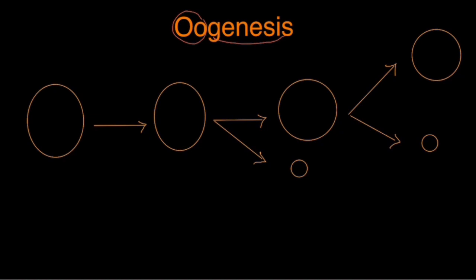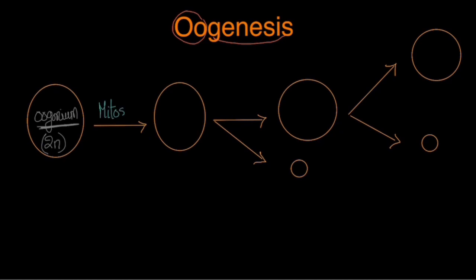The stem cell that will start to divide to become a mature ovum, this is what we call the oogonium. The oogonium is the stem cell that has pairs of chromosomes. The oogonium will divide by a mitotic division.